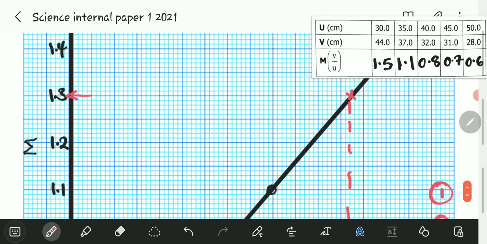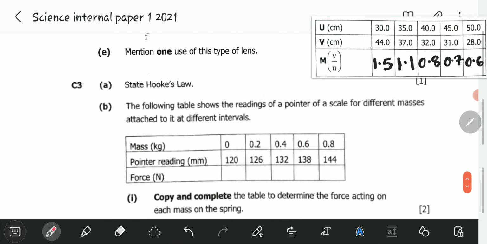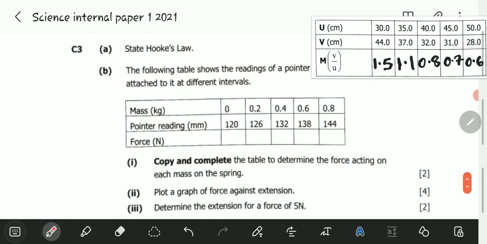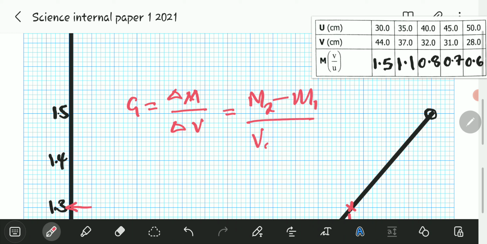Gradient in mathematics is represented as g, and here we've been given that the gradient should be g. So g is equal to the change in m over the change in v, which is m2 minus m1 over v2 minus v1.